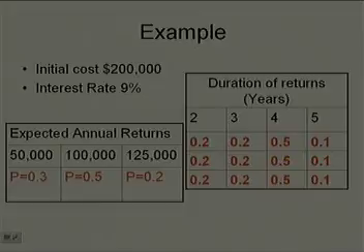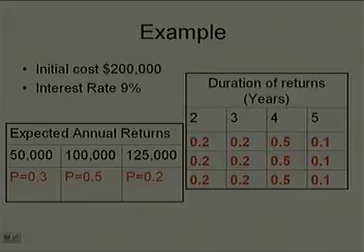In this problem, I have assumed that the investment required at the beginning is $200,000. Initial cost is $200,000. Interest rate I have assumed to be 9%.